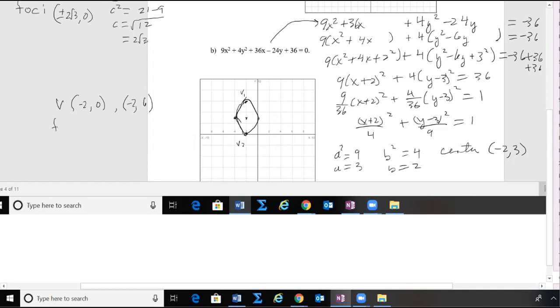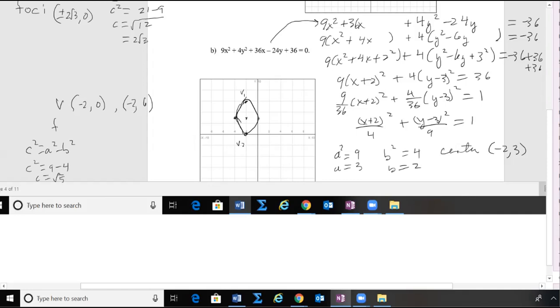And your foci, well, we don't know what those are yet. We have to compute. But you know c squared is a squared minus b squared. So we'd have 9 minus 4. So c is the square root of 5.